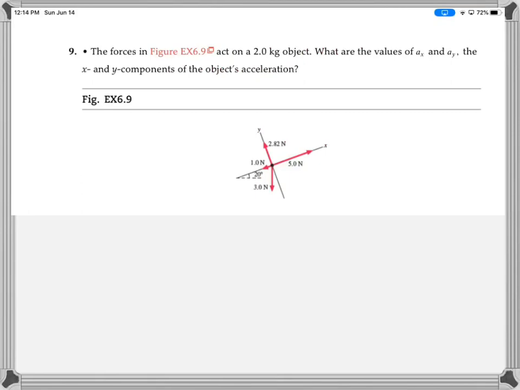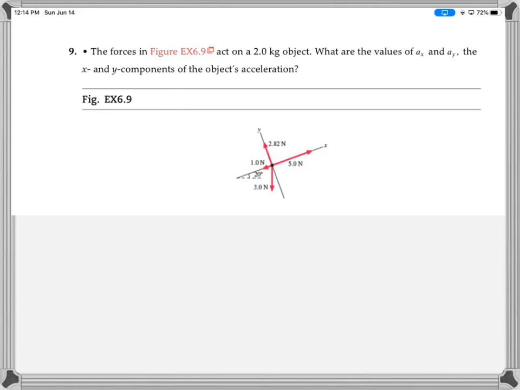All right, let's do another one here from your textbook also. This is chapter 5, I believe, problem number 9. So this problem is showing us the forces, the free body diagram for an object that is a 2 kilogram object, and we're looking for the values of the acceleration in the x direction and the acceleration in the y direction.